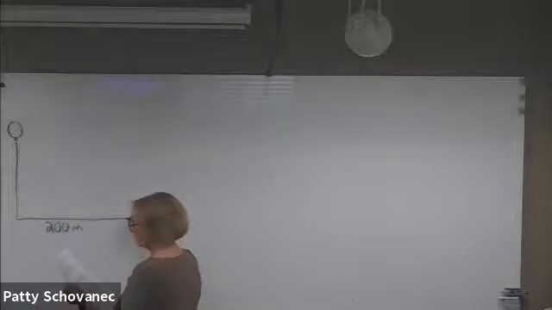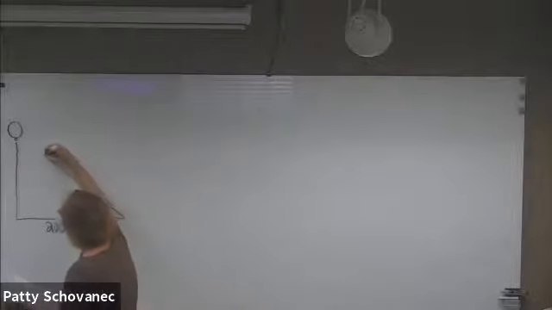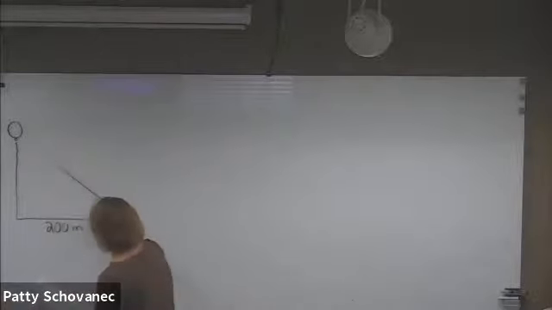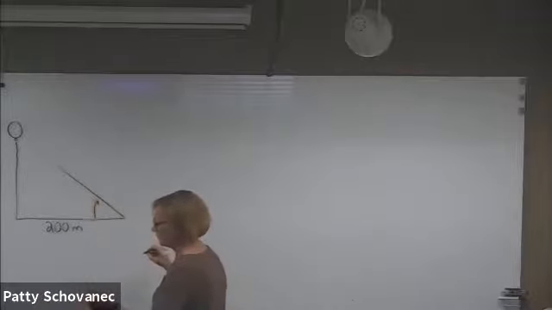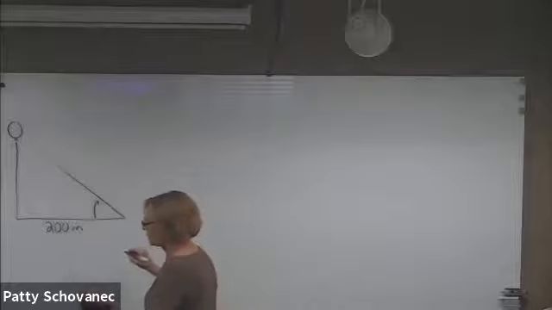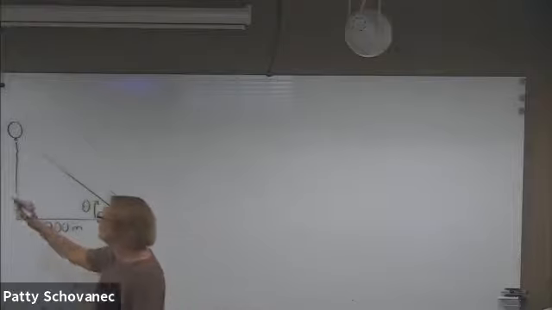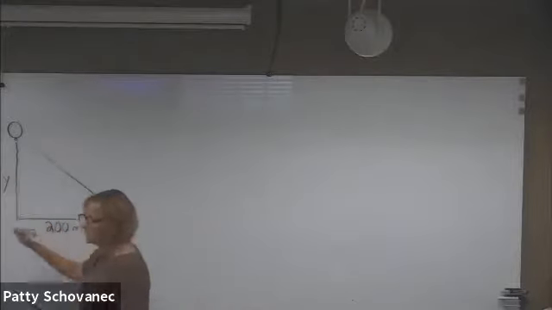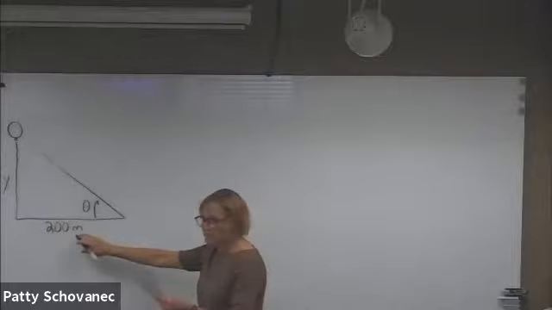At ground level, here's the angle of elevation, measured from the horizontal to the balloon. That's changing. So let's put a variable here. We'll put a variable here. 200 doesn't change, so we keep that as a constant.